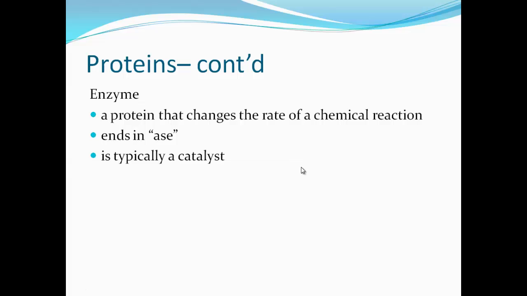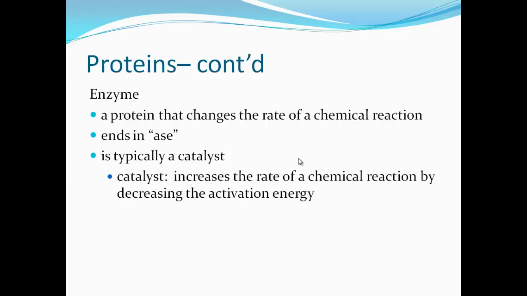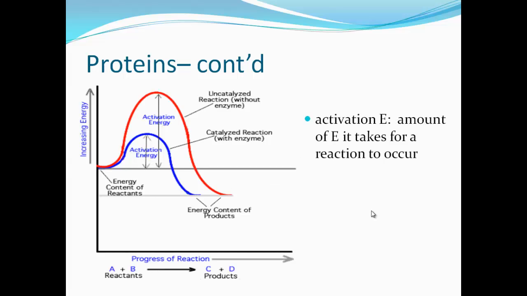It's typically called a catalyst. And again, a catalyst is something that catalyzes or speeds up a reaction. A catalyst increases the rate of a chemical reaction by decreasing the activation energy. And I will show you a graph on this in a second.